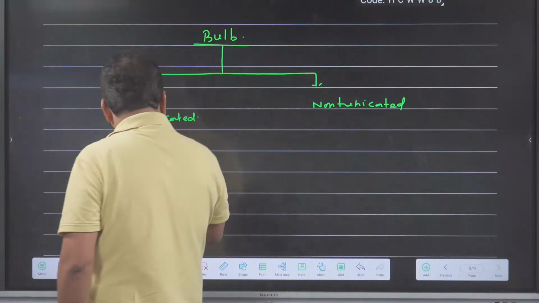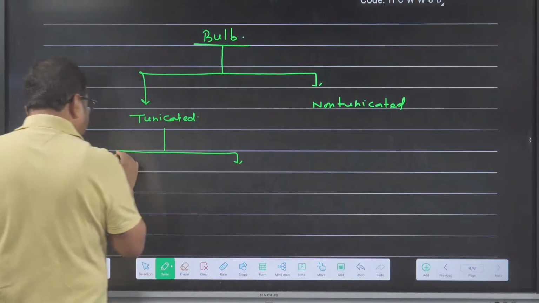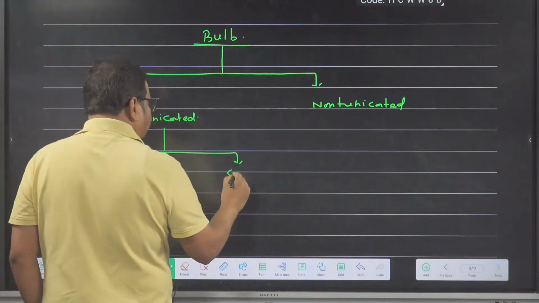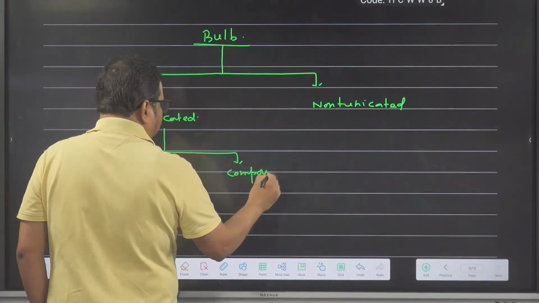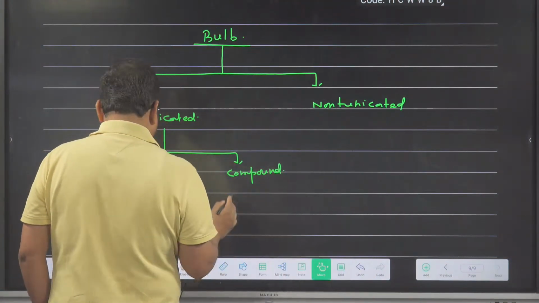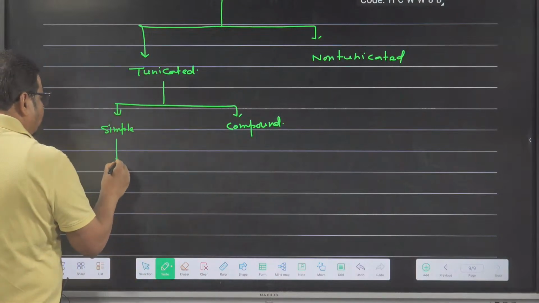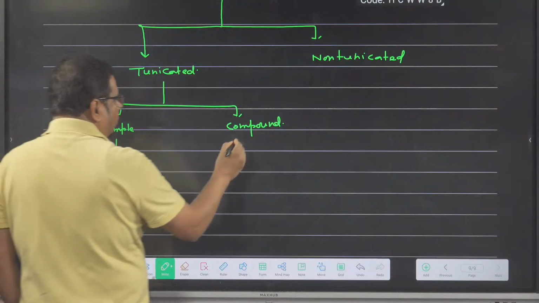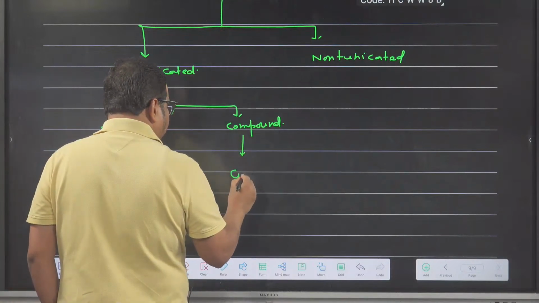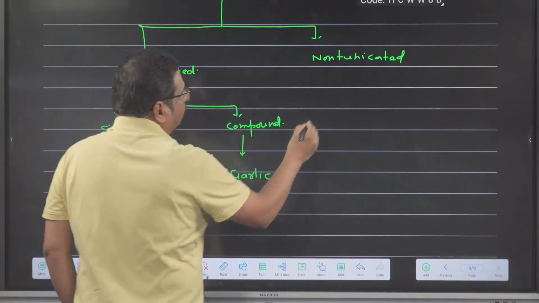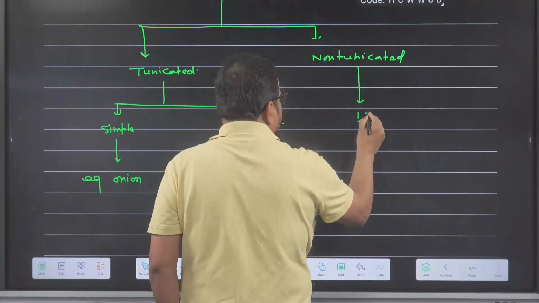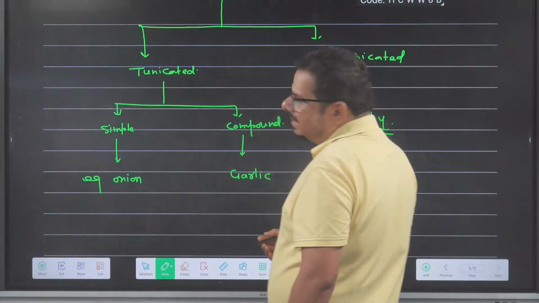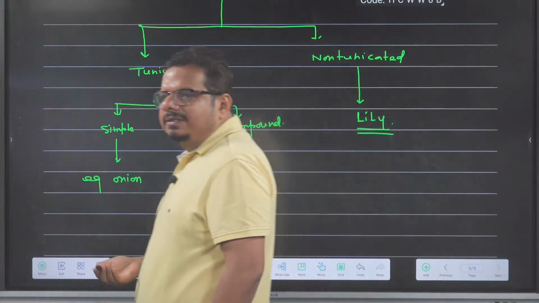Tunicated bulb is of two types: simple tunicated and compound tunicated. The example of simple tunicated is onion, compound tunicated is garlic, and non-tunicated is lily. It is present in the monocot plant family Liliaceae. Bulb is characteristic of which one? It is present in Liliaceae members.